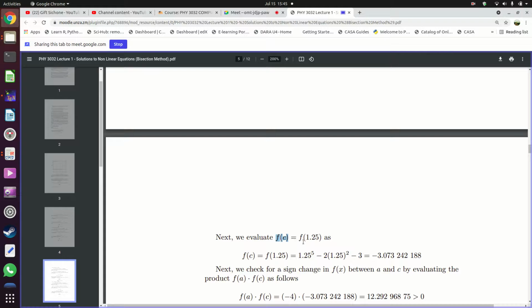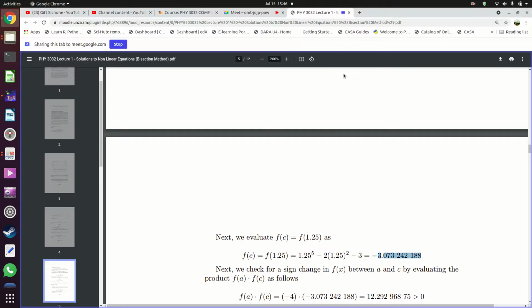So f of C is going to be equal to f of 1.25. So f of C, which is equal to f of 1.25, is going to be equal to 1.25 to the power 5 minus 2, 1.25 to the power 2 minus 3, and this is going to give you minus 3.073242188. The point here is that it's negative.